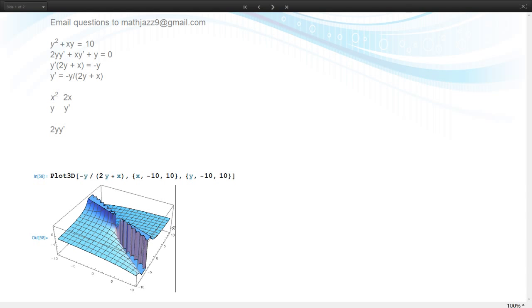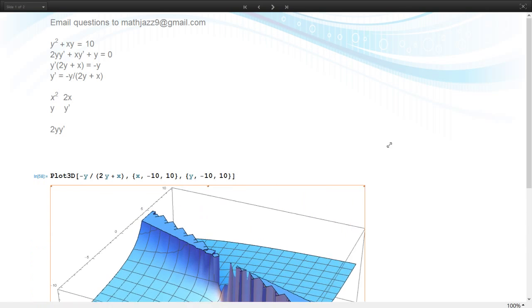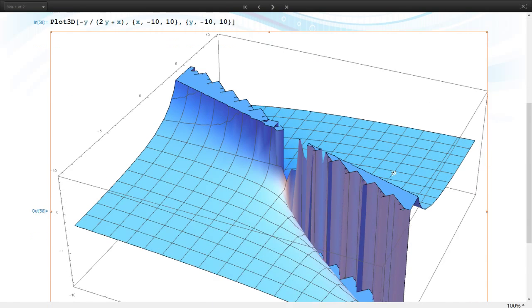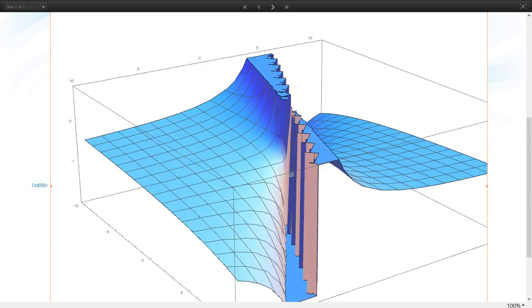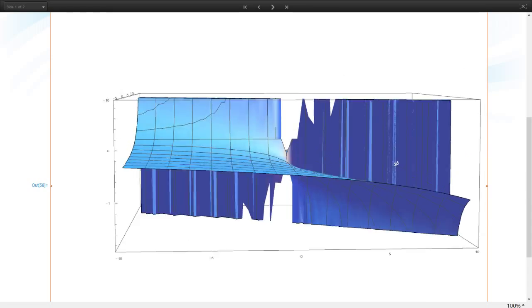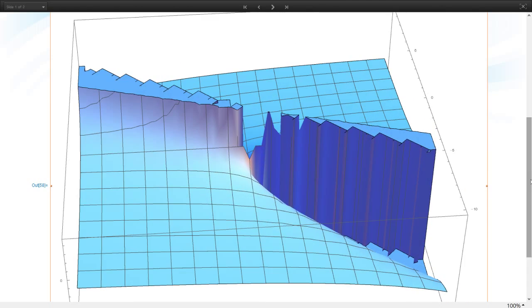Oh, here we go. Let's see, can I make it bigger? Yes, I can. So the height of this graph represents the slope of the curve.